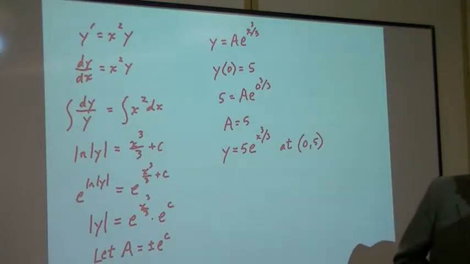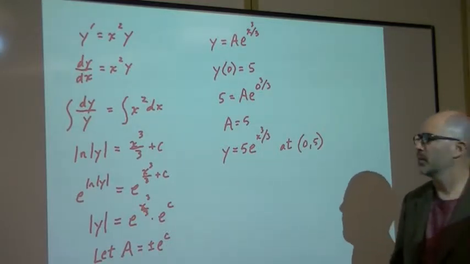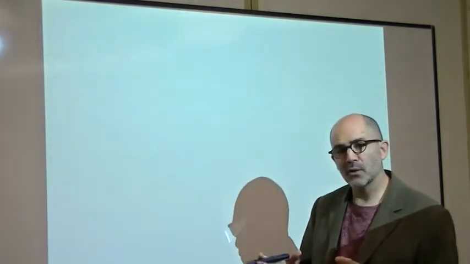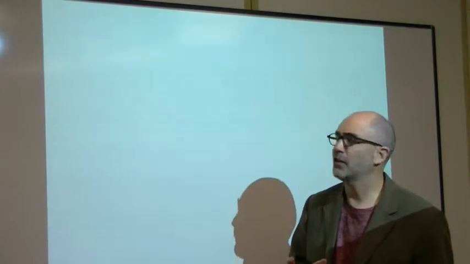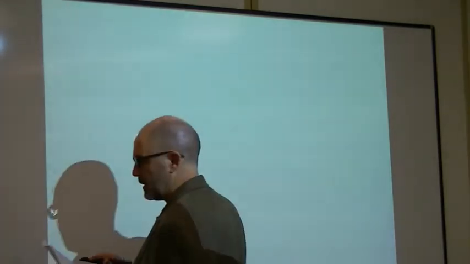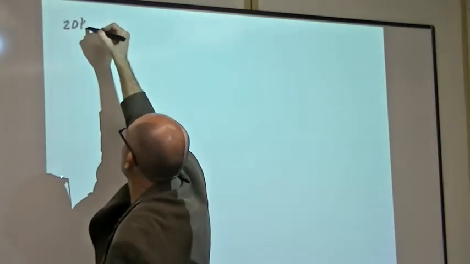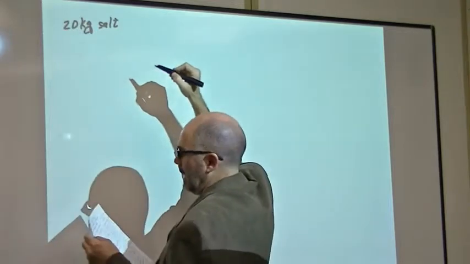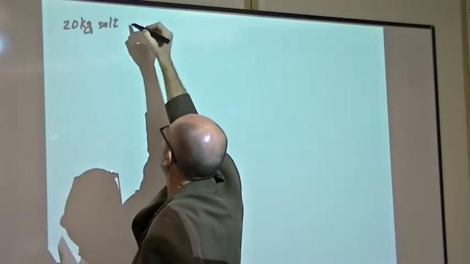Okay, so first thing we need to do, when I first taught you word problems, the very first thing we do is define the variable. And this is super important in a problem like this. Okay, so let's just write down what they gave us. So we've got 20 kilograms of salt in 5,000 liters of water.